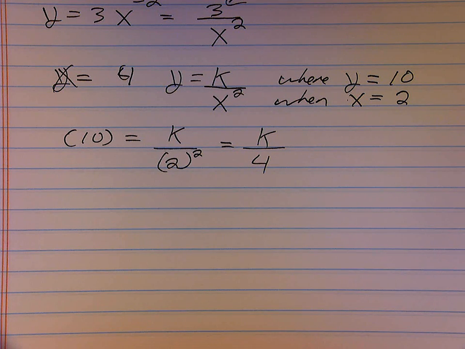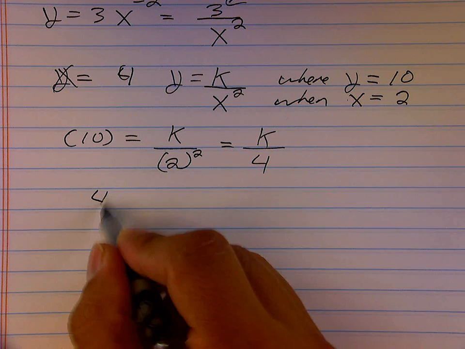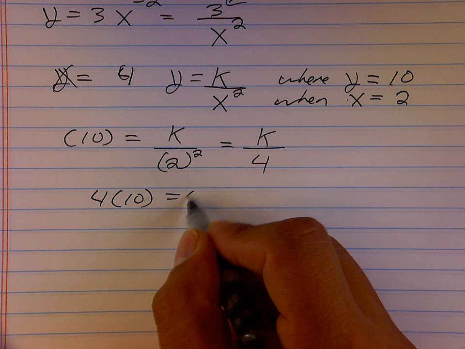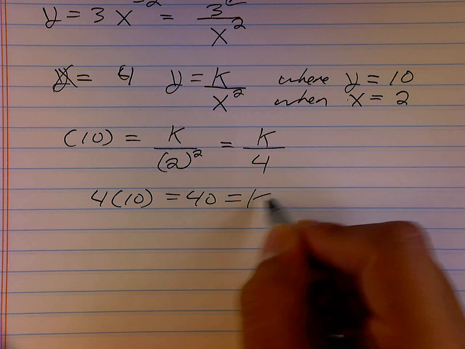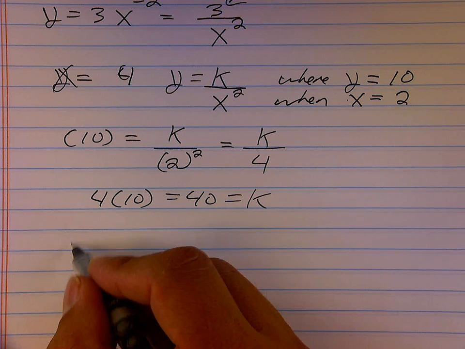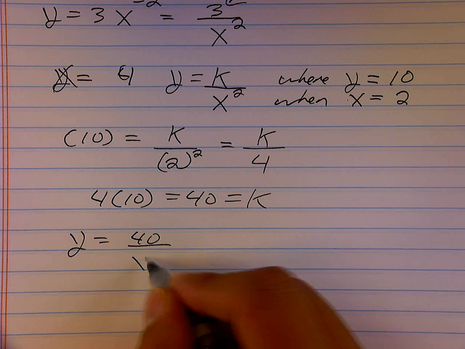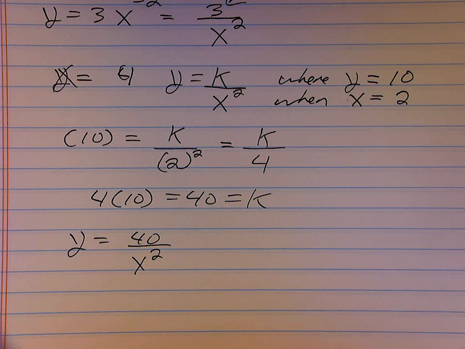To separate everything away from k, I'm going to move that division with multiplication. And I get the constant of proportionality is 40. I can now write my formula: y equals 40 over x squared.